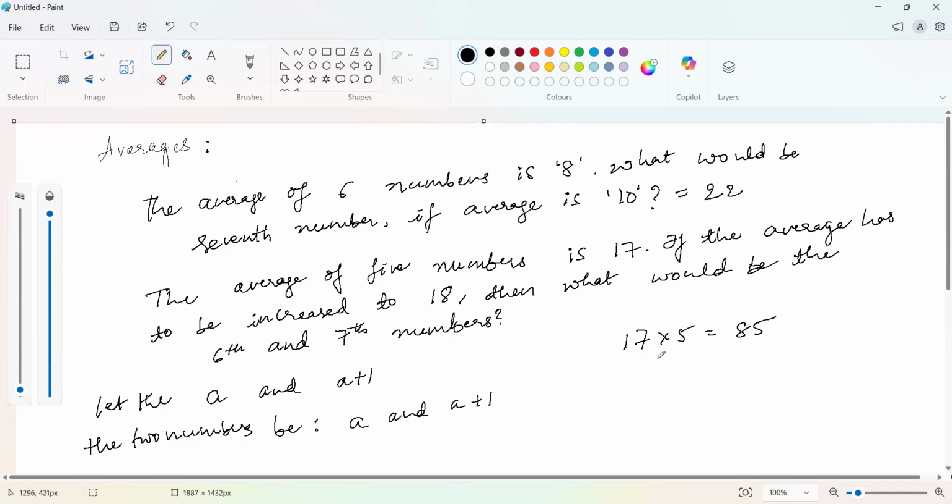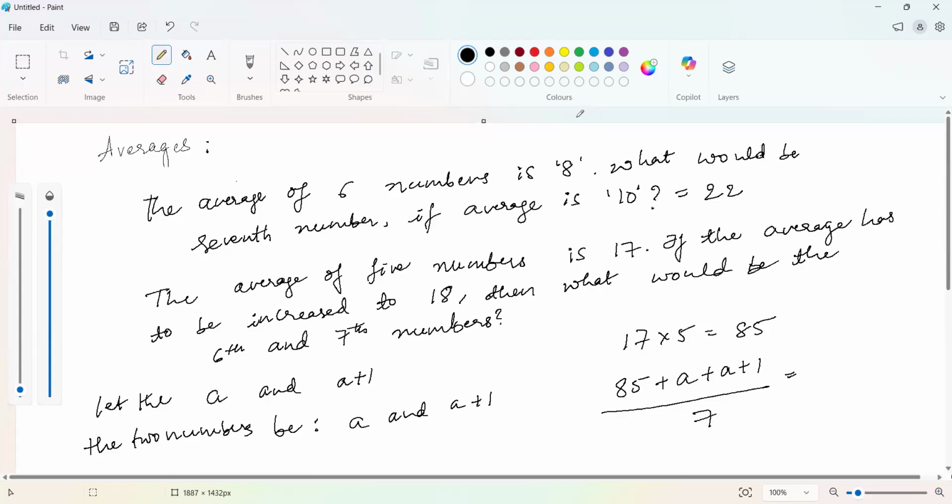Now add this value to that: 85 plus A plus A plus 1, divided by 7. Now the average has to increase to 18. So that would be 18 into 7. What would you get the value as? Correct.